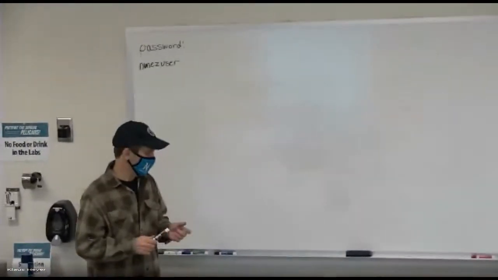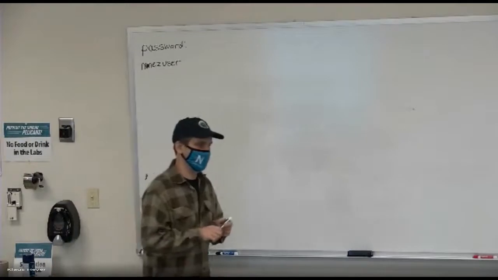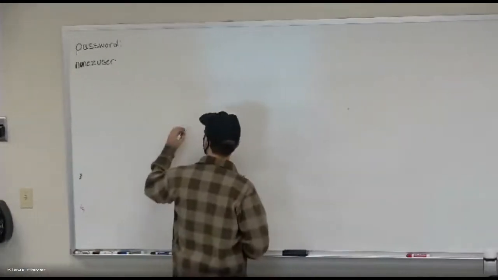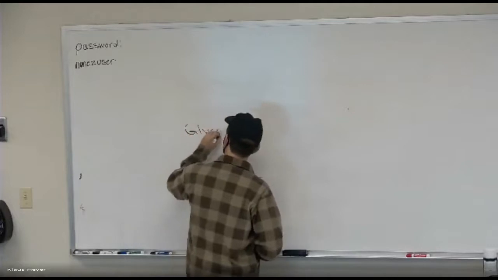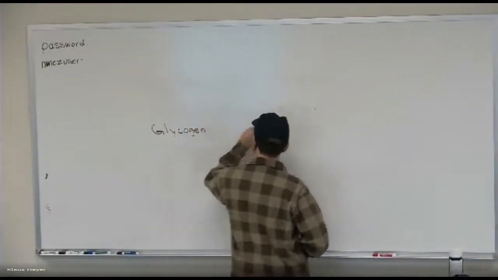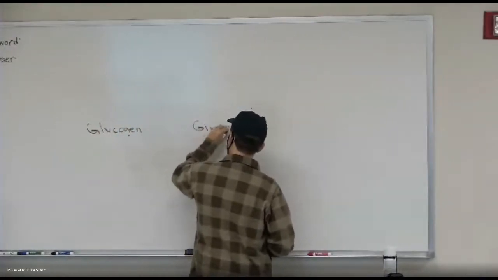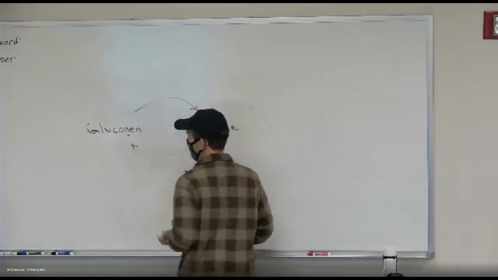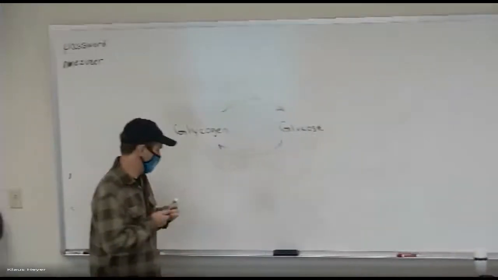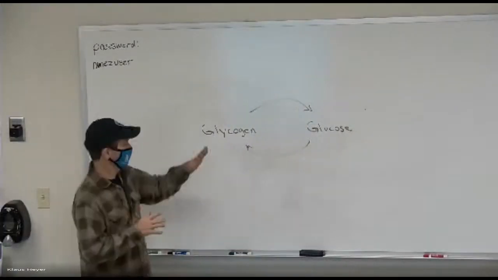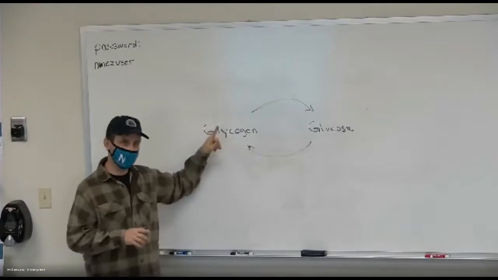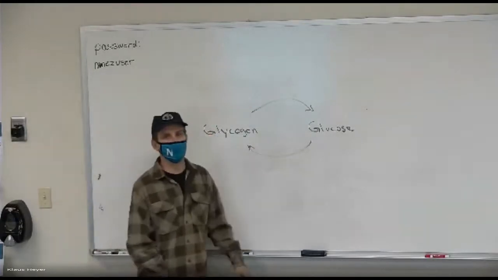So before I get into it, I just want you to understand the idea behind glycogen and glucose, and we've already talked about this. I'm kind of repeating myself here. Your body's constantly making glycogen and constantly breaking up glycogen.